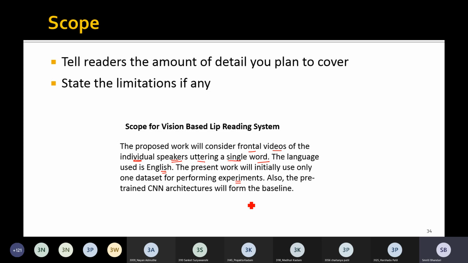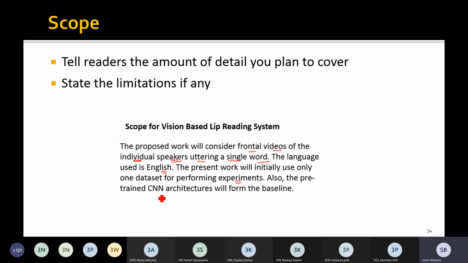The proposers are proposing to use deep learning and CNN architectures. If you know how deep learning works, deep learning requires a huge amount of data for training. But there are several pre-trained architectures available. If we use those pre-trained architectures, the training time can significantly be reduced.